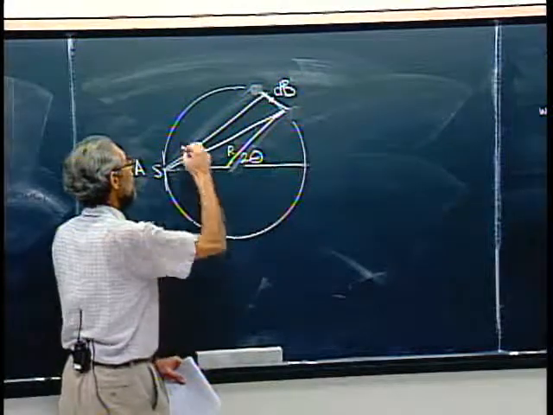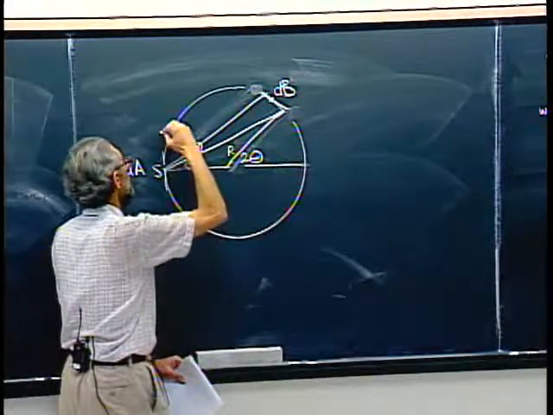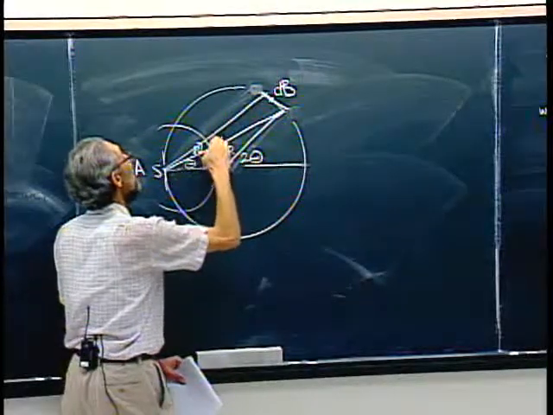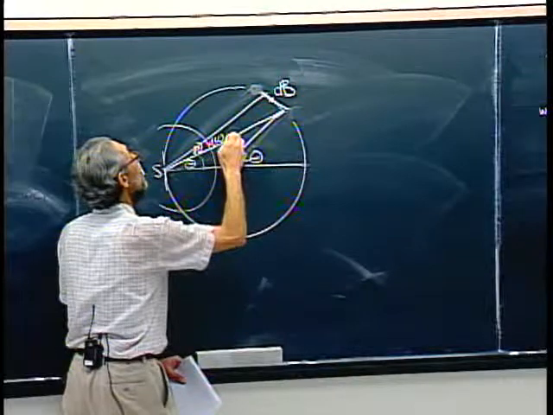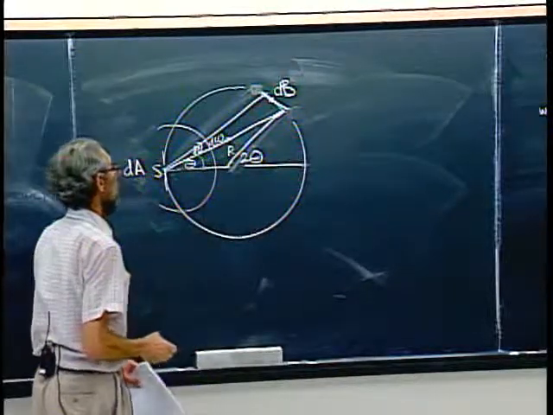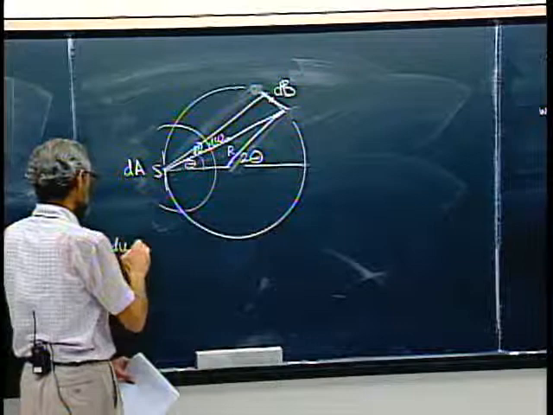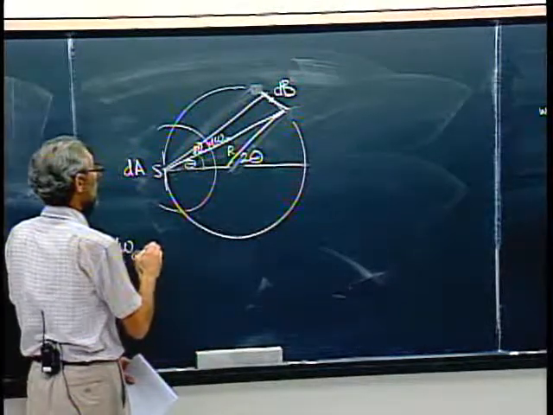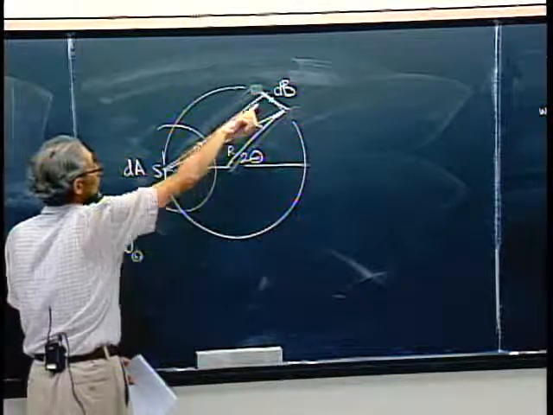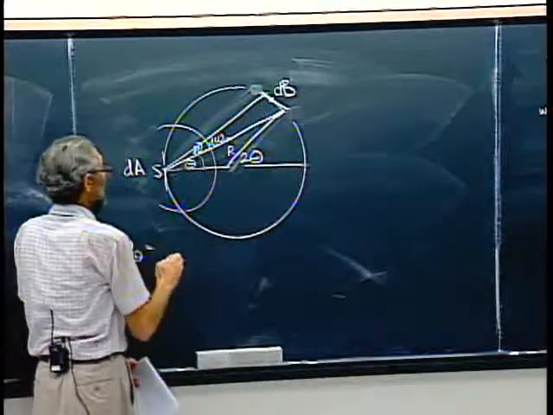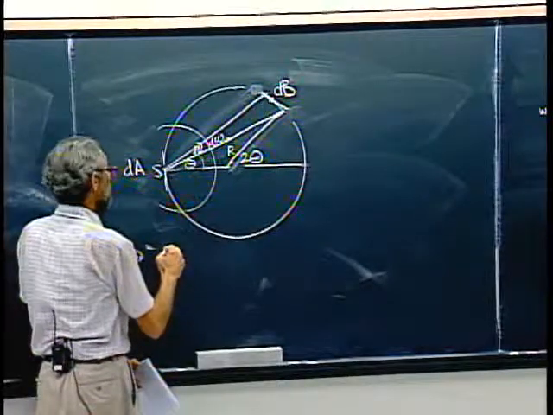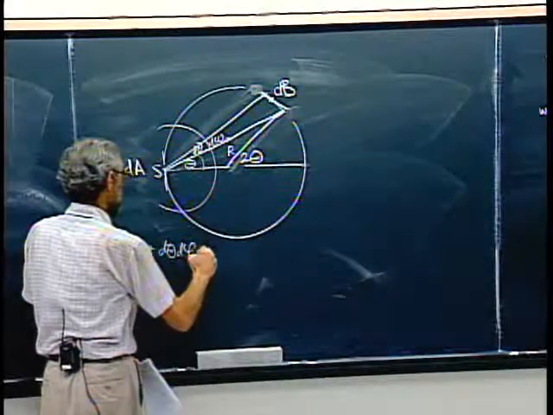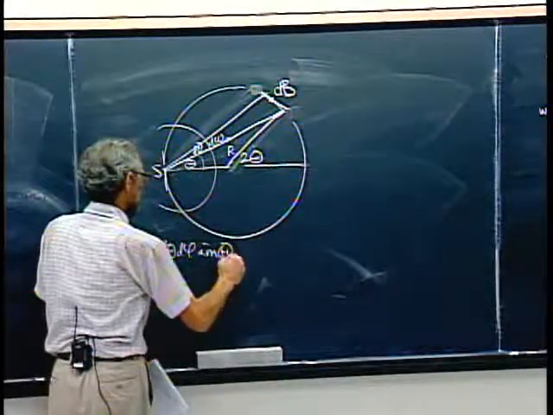Now I want to look on the unit sphere around S and find an area on that unit sphere, d omega of theta, that hits this patch B. If you knew d theta, it's d theta d phi sine theta.